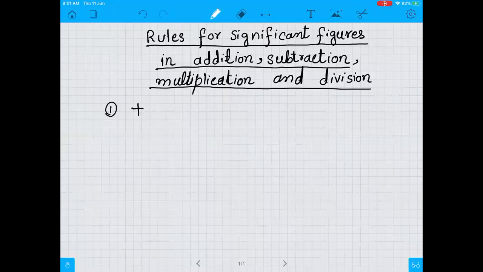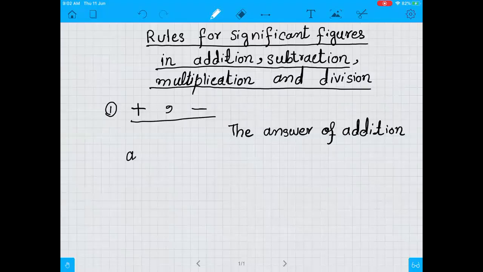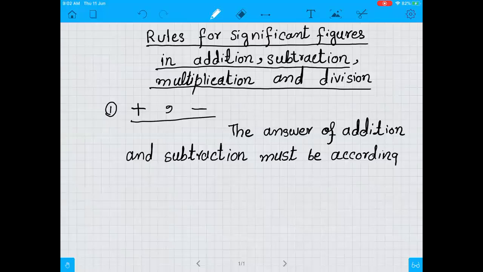So when you add and when you subtract, the answer of addition and subtraction must be according to the least precise data.